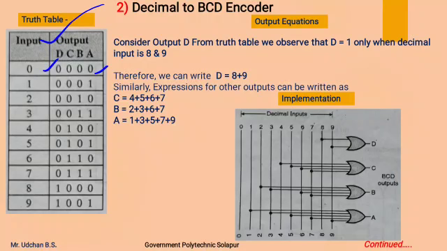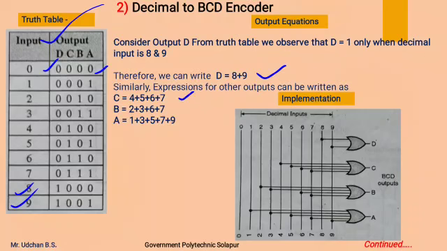Now if you observe the truth table, output D is 1 only for decimal inputs 8 and 9. So we can write the equation for D as D equals 8 plus 9. Similarly, if we observe the C output, it is 1 only for 4, 5, 6 and 7.